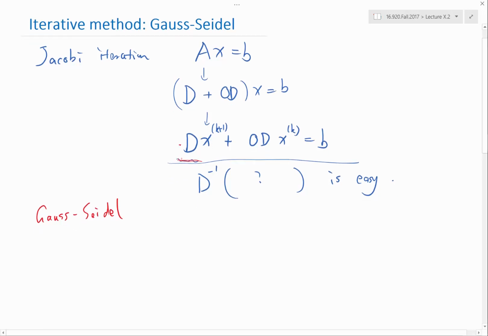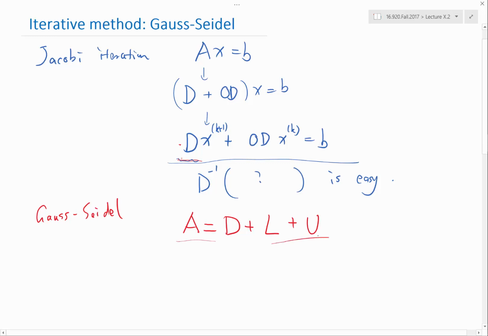So in Gauss-Seidel, instead of splitting the matrix into D plus OD, I split the matrix into D, the diagonal part, plus L, a strictly lower diagonal part, which means there are all zeros on the upper diagonal and all zeros on the diagonal. Only non-zeros are on the lower diagonal, plus U, which is strictly upper diagonal.